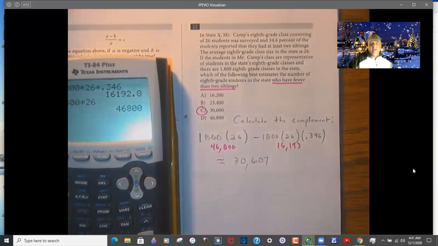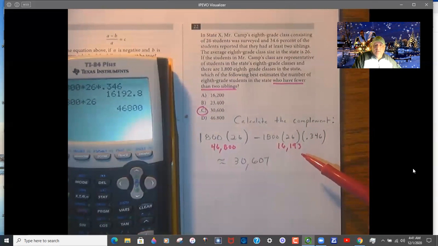So there's 46,800 total students. And then 34.6% of those have at least 2 siblings. So that's 16,193. So the complement is this number that's remaining that have fewer than 2.